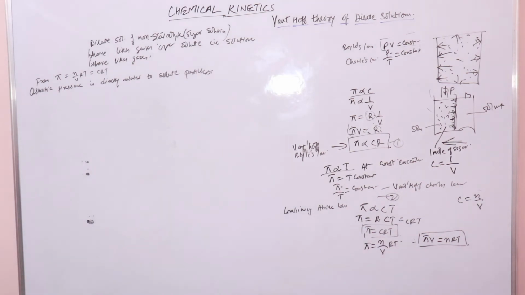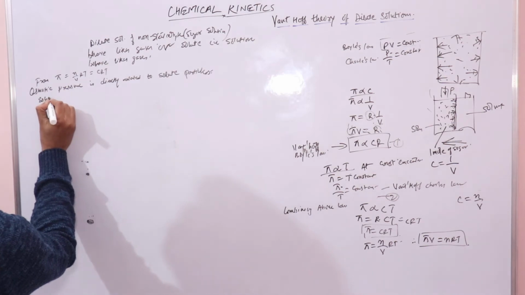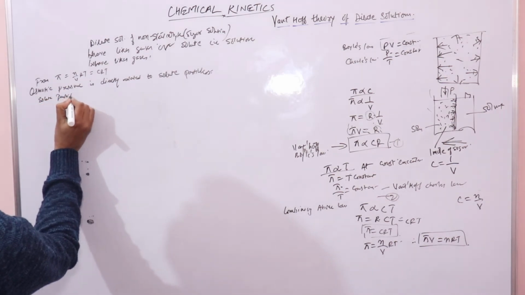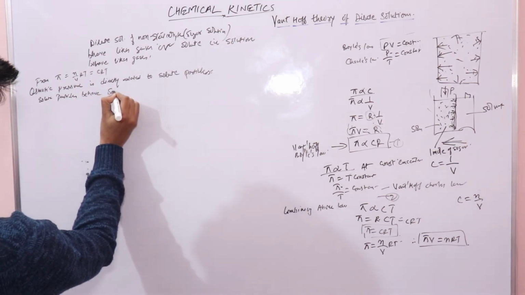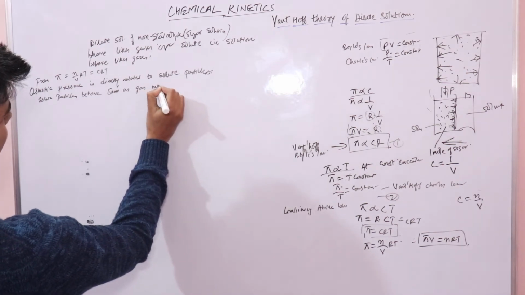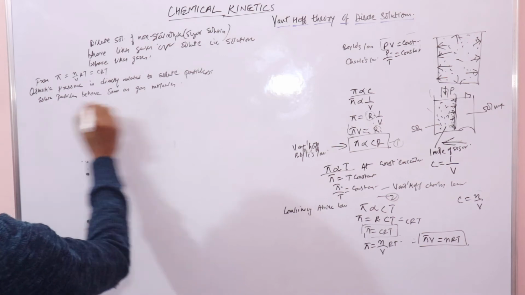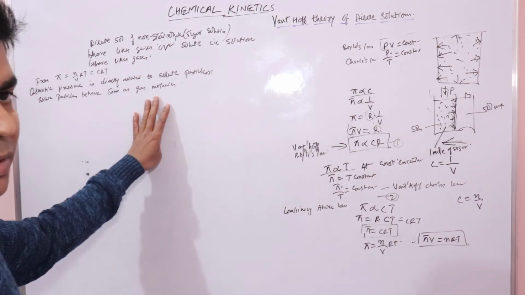So this is your Van't Hoff theory of dilute solutions, which states that solute particles behave the same as gas molecules. This is your Van't Hoff theory of dilute solutions, because solute particles behave as gas molecules.